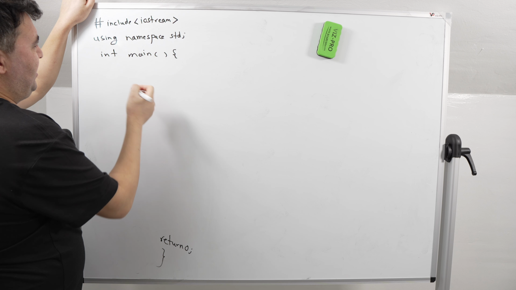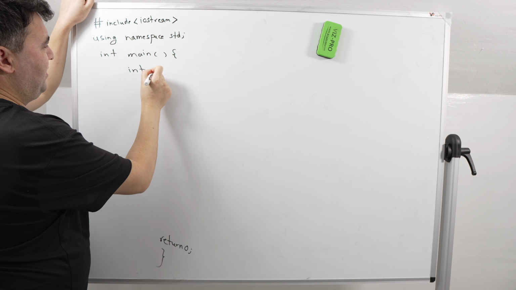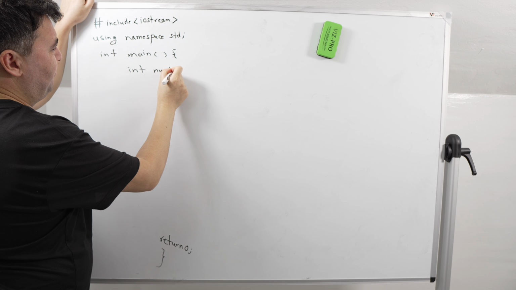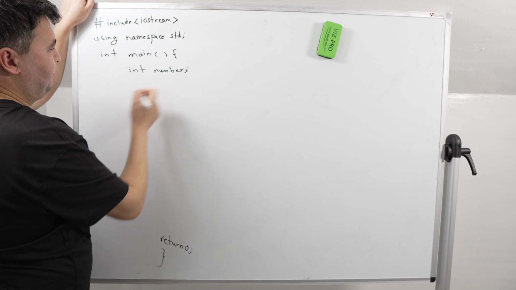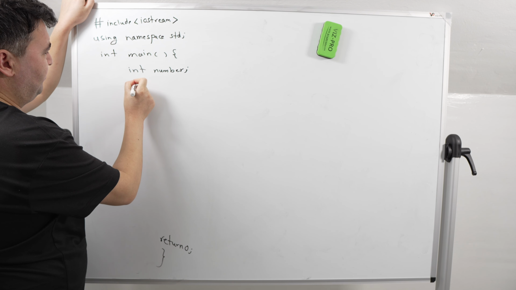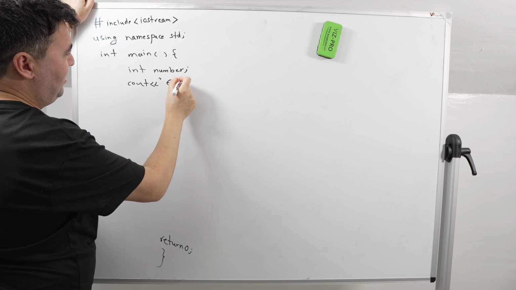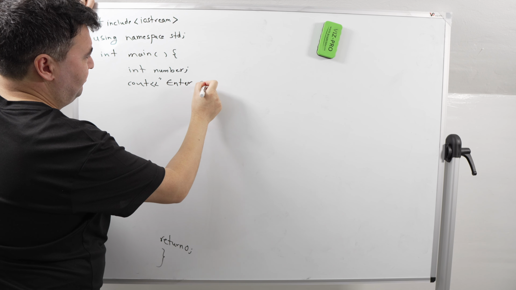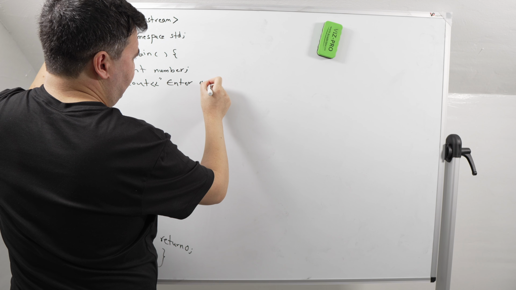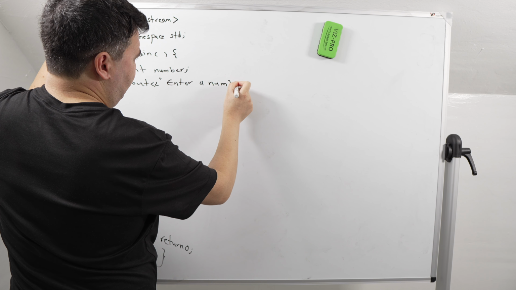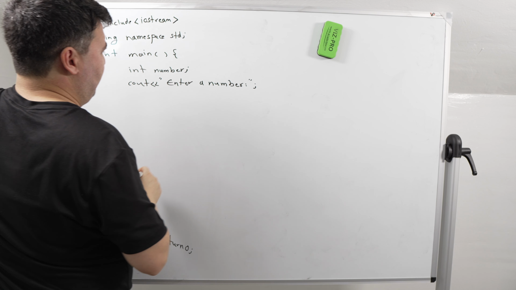Now I declare a variable of type integer: int number, then a semicolon. Then I write cout, "Enter a number", asking the user to enter a number.